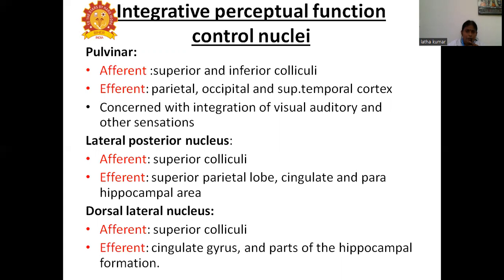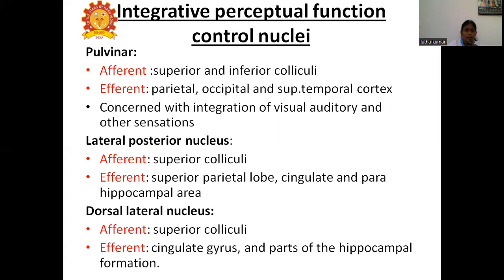and superior temporal cortex. The lateral posterior nucleus receives fibers from the superior colliculi and projects efferent fibers to the superior parietal lobe, cingulate and parahippocampal area.